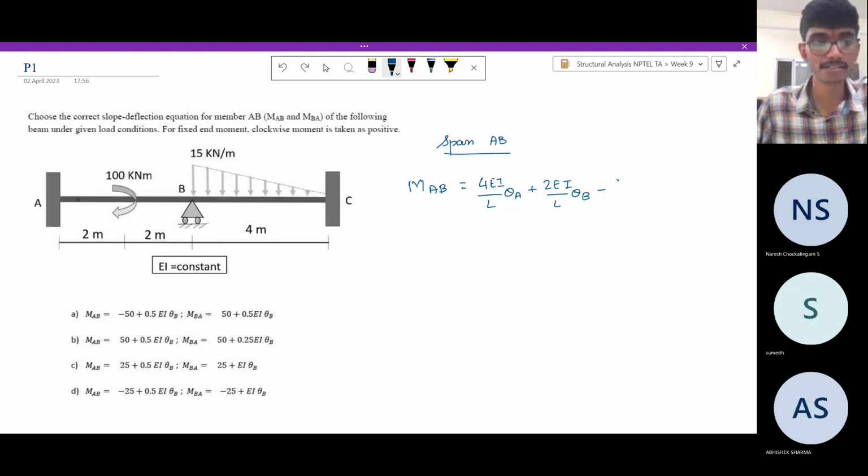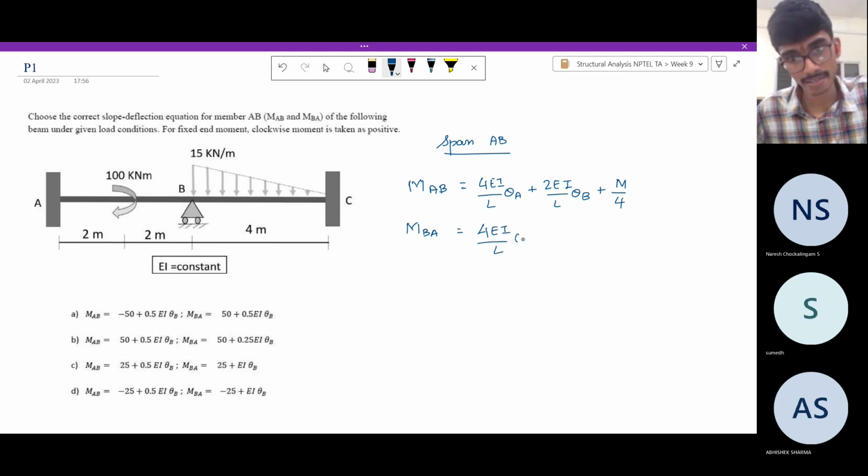The fixed end moment is M by 4, so plus the applied moment M by 4. What is MBA? MBA is 4 EI by L theta B plus 2 EI by L theta A. Again, we got the fixed end moment in the clockwise direction of M by 4.